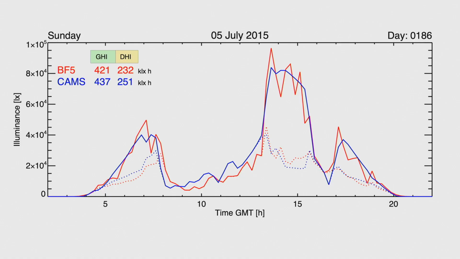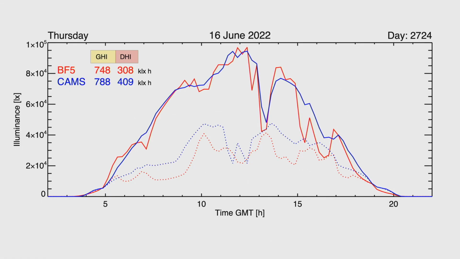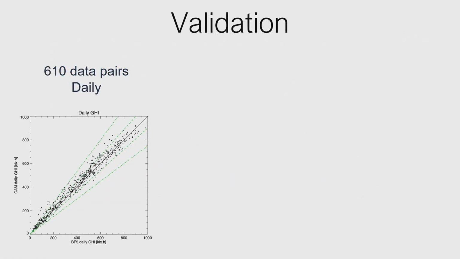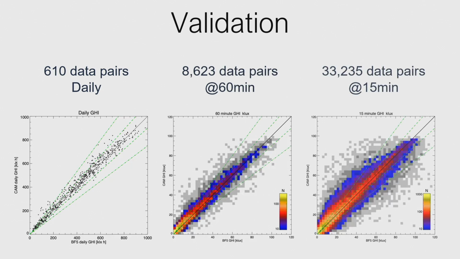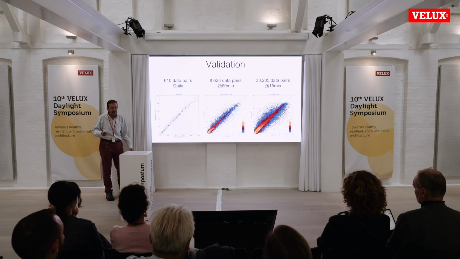Another one, and another one. Okay, so there were 610 full days, again remarkable agreement on full days. At 60-minute, again quite astonishing, and even at the 15-minute, more scatter but no increase in bias. Absolutely remarkable. In fact, the bias decreased on the sunnier and sunnier days.